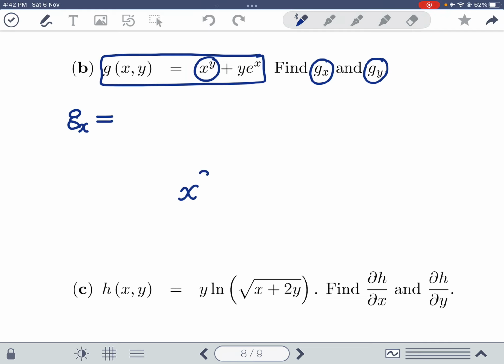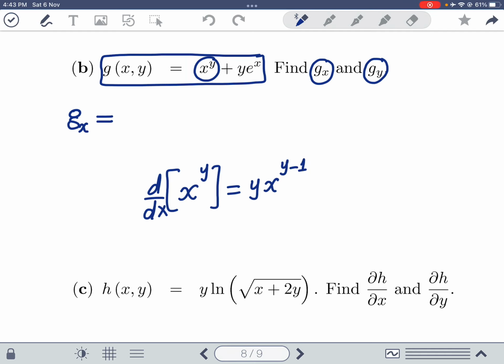If the power was 3, and I ask you to find the derivative with respect to x, what would you have said? 3x squared, because it's a power function. But if you have y instead of 3, when you take the derivative with respect to x, the y will come down and then you subtract 1 from the y.